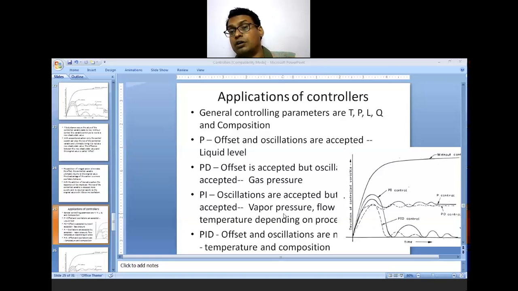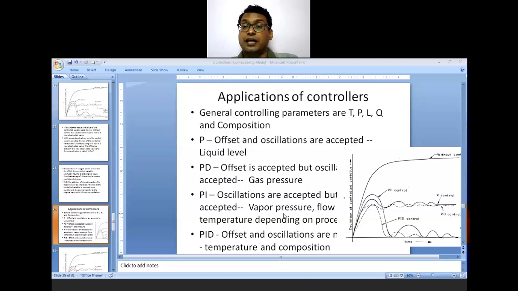That is the proportional integral controller, which accepts the oscillations but doesn't accept the offset. That is, for example, in case of maintaining the vapor pressure, maintaining the flow rates, and sometimes the temperature also can be accepted depending on the process.